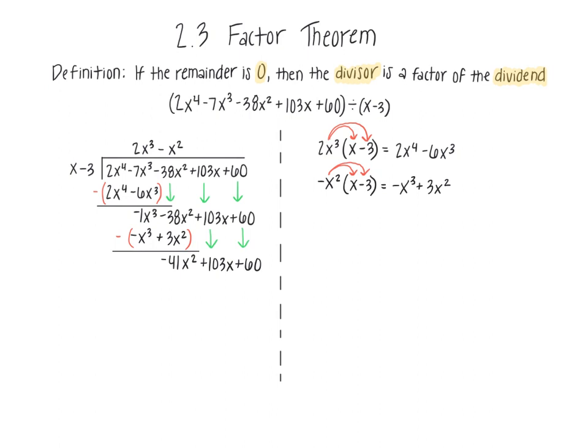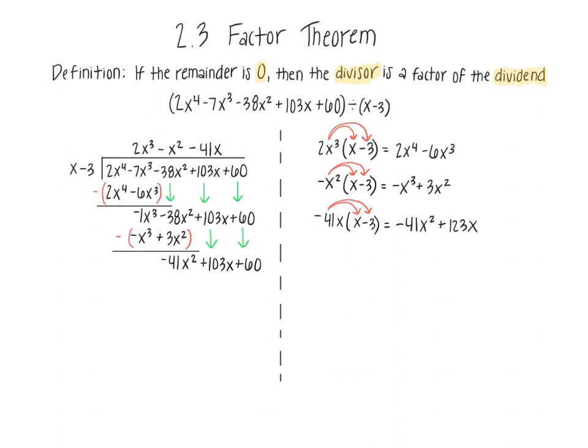And again, I need to make my first term match, so I'm going to multiply my divisor by -41x, and again, come out to the side, show my work for that, times (x - 3). So this gives me -41x^2 + 41 times 3, which is 123x.